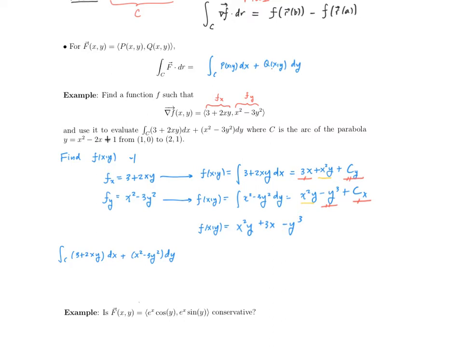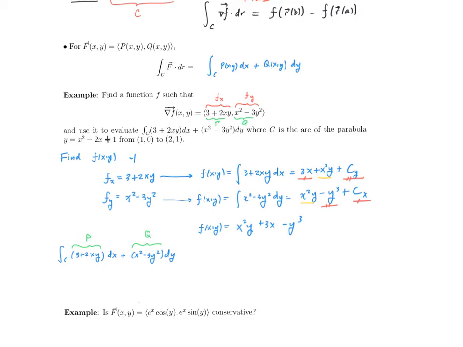The observation I would like to make is that 3 plus 2xy is the first component of our vector field, and x squared minus 3y squared is the second component of our vector field. That is, we can think of this as having the form P dx plus Q dy.